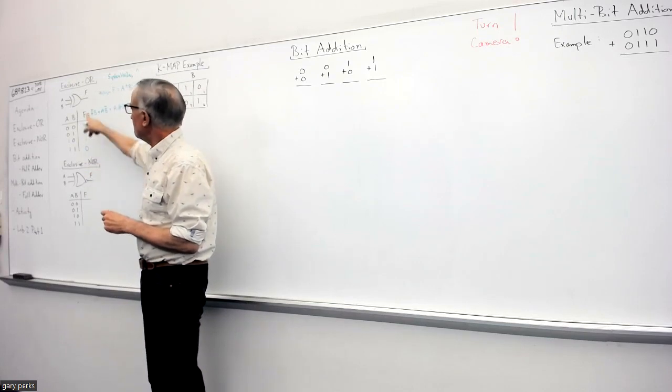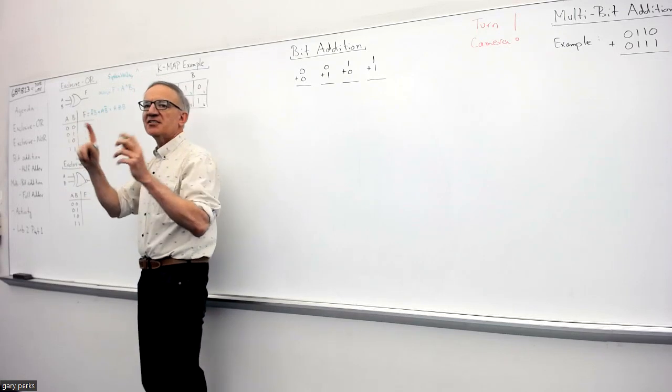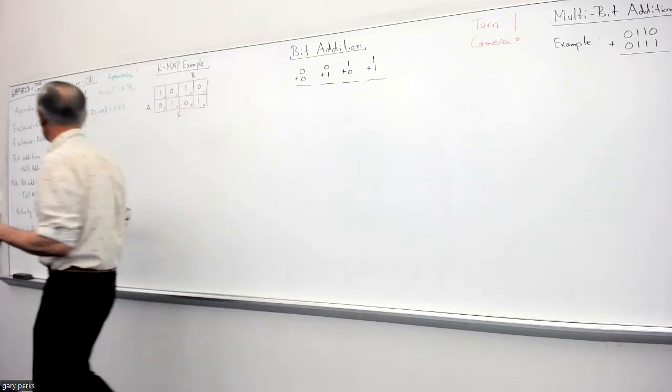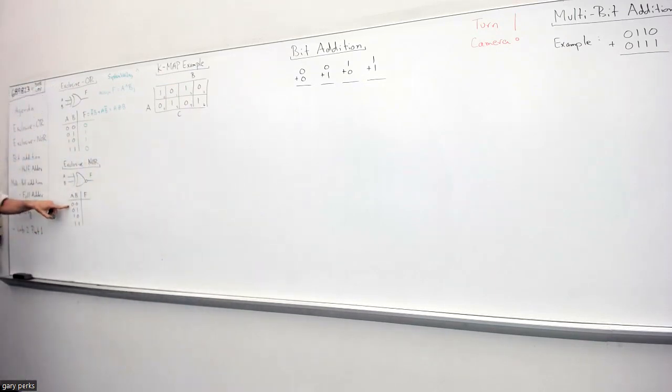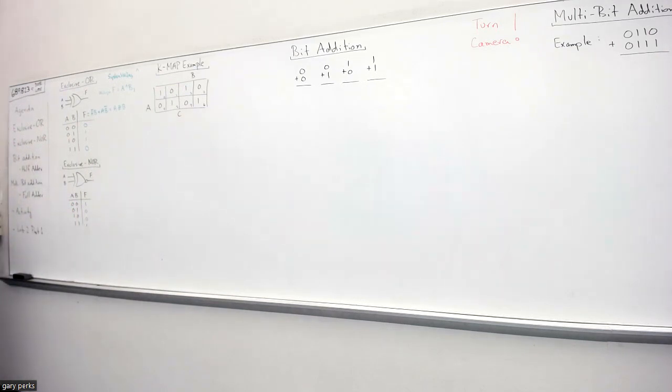Exclusive NOR is equal to an exclusive OR with an inverter on the output. It's the same idea as NOR and an output inverter. So the truth table for the exclusive NOR is just the opposite of the exclusive OR. For the exclusive NOR, you only get a 1 out when the inputs are the same. Otherwise you get a 0 out.